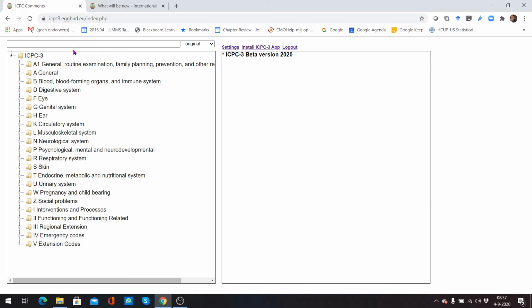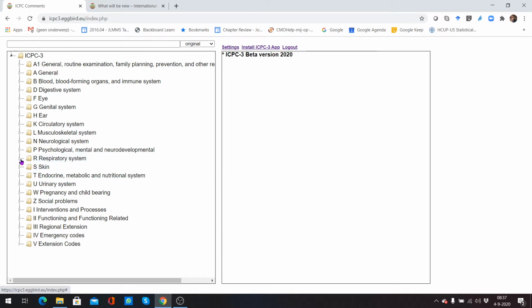I will start with the chapters B to W, organized according to body systems, and chapter A. Those chapters all are subdivided in the components complaints, symptoms, and diagnosis, problems. As an example, chapter R, the respiratory system.